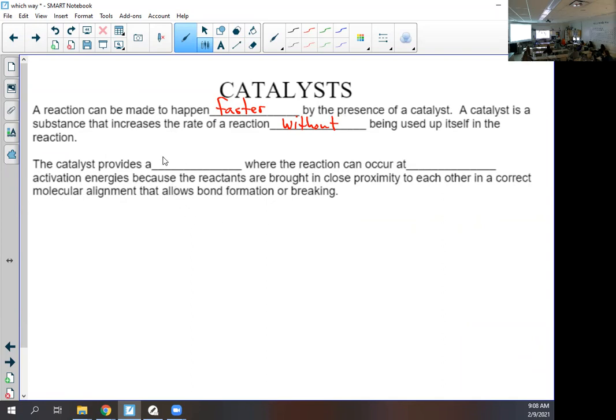A catalyst provides a surface where the reaction can occur at lower activation energies because the reactants are brought in close proximity to each other in a correct molecular alignment that allows bond formation or breaking.